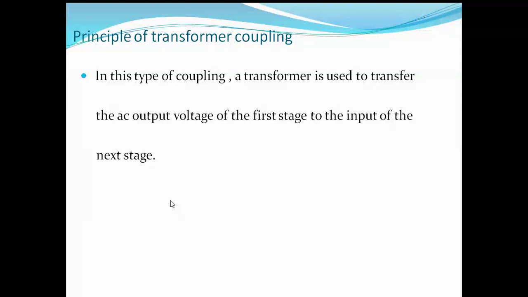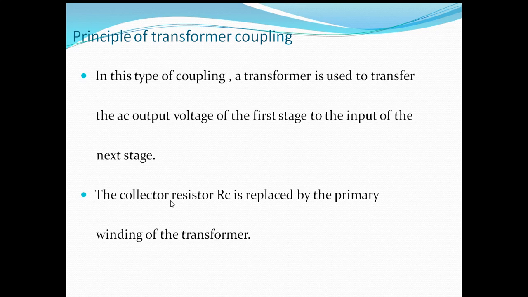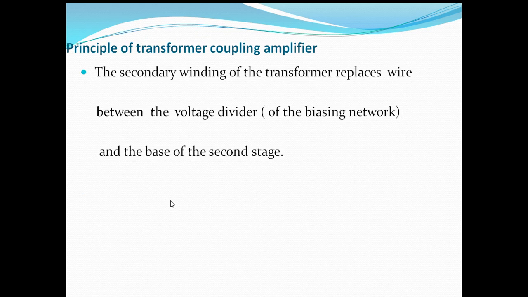In this type of coupling, a transformer is used to transfer the AC output voltage of the first stage to the input of the next stage. Instead of R and C as in the RC coupled amplifier, a transformer is used. The collector resistor RC is replaced by the primary winding of the transformer.